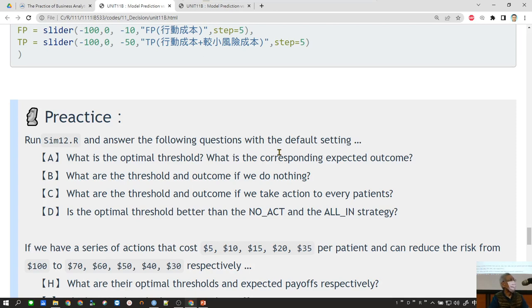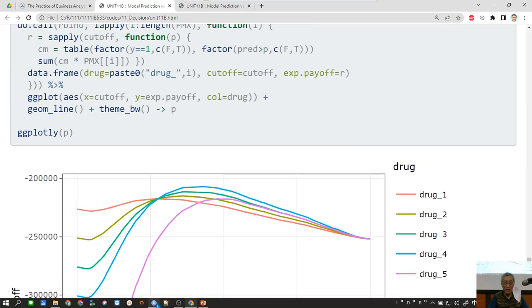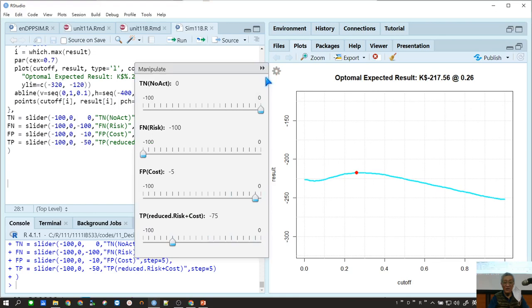What does it mean when it states reduce the risk from $100 to 70, 60, 50, but we do not adjust the 100 bar in the model? See, actually, now we reduce the TP, yeah.